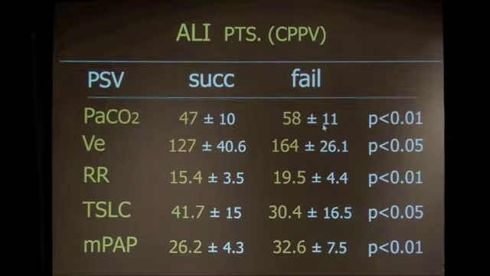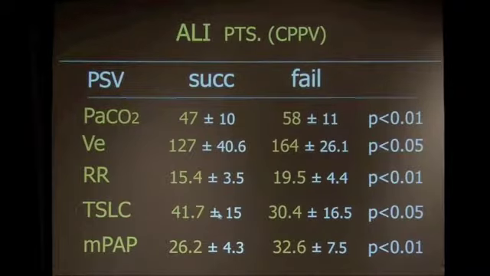And now, if I went back to look at this older paper of ours, what is the difference between patients that could stand pressure support and patients who could not stand pressure support? Well, PCO2 was slightly higher during controlled mechanical ventilation. Minute ventilation was slightly higher. Respiratory rate was slightly higher. But most of everything, respiratory compliance was lower. Here, this line, total static lung compliance.